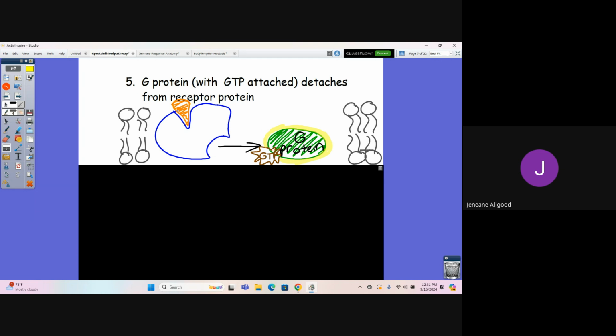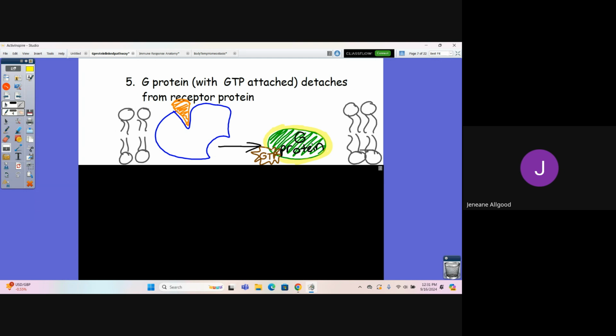All right, now what you're going to see about this pathway is that before we can see what the G protein does next, we've got to take care of this. Because knowing what you know now, the steps we've gone through, what really is the purpose of the signaling molecule binding to the G protein linked receptor?